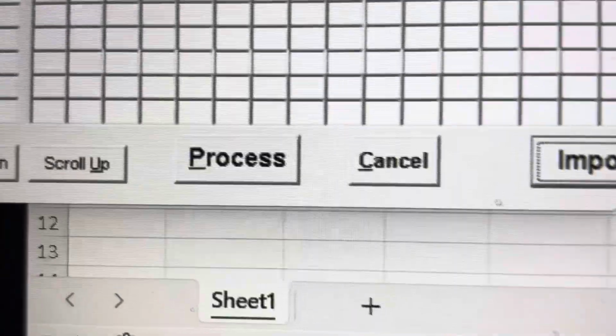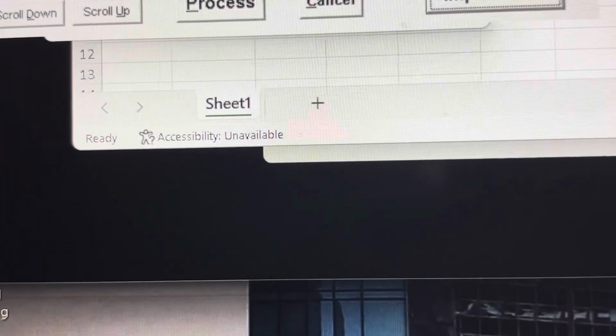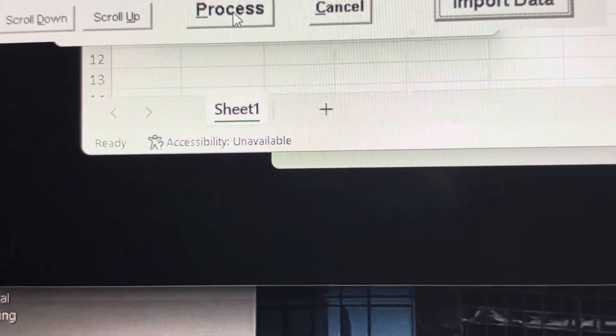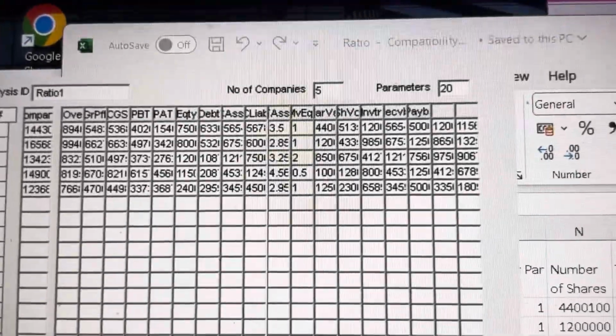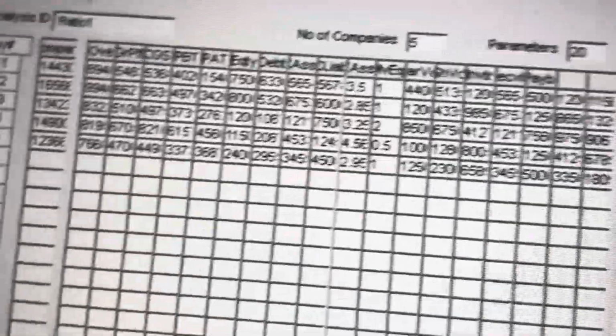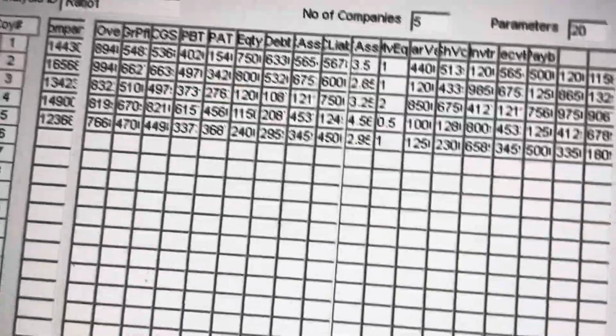Having seen this, the next thing for us to do is just to click process. What this means is that, apart from importing it from an Excel file, you can also enter these things manually if you have the data and the data is not in Excel form.